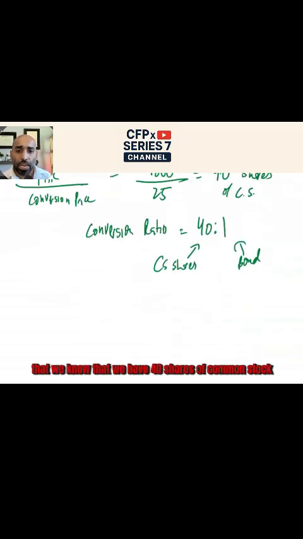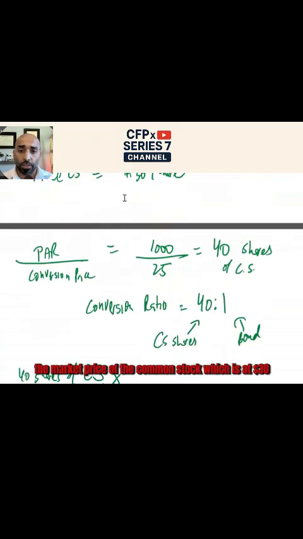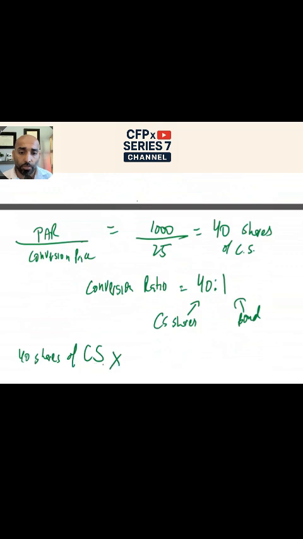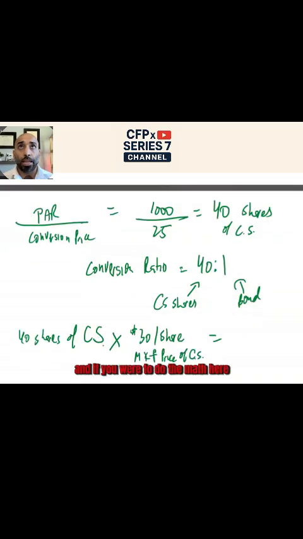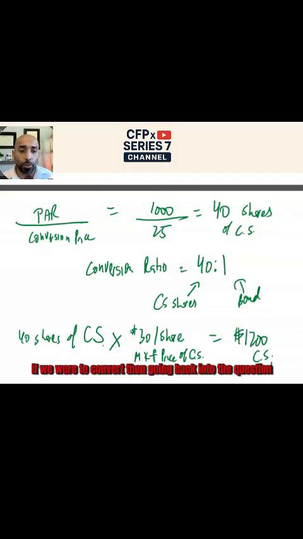And now that we know that we have 40 shares of common stock if we were to convert the bond, all we have to do is multiply that by the market price of the common stock, which is $30. If you do the math here, 40 times 30 gives us $1,200 of common stock value if we were to convert.